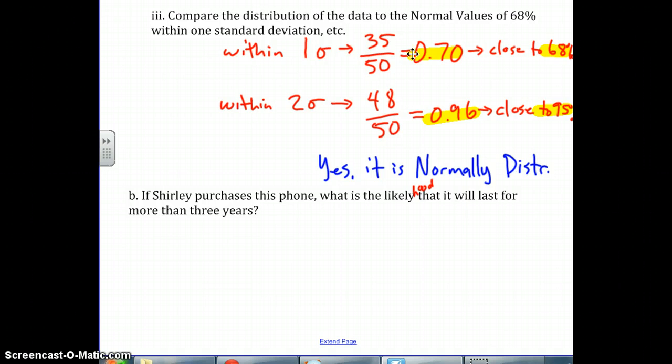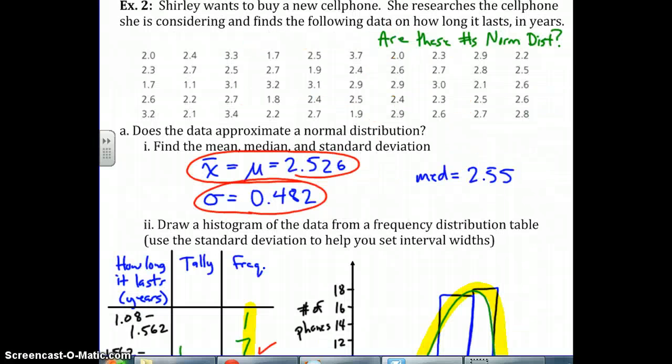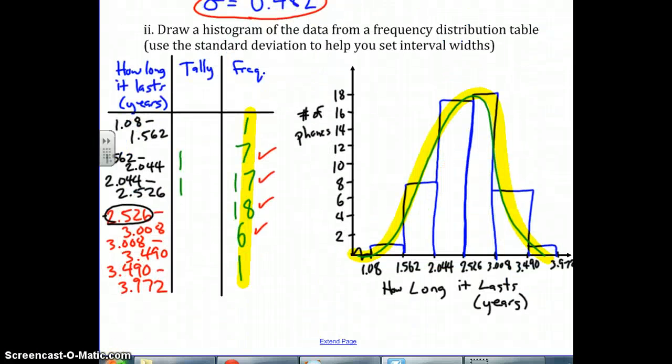If we go back to this graph we drew here, 3 years is basically this line here. So 3 years is basically 1 standard deviation above the mean.